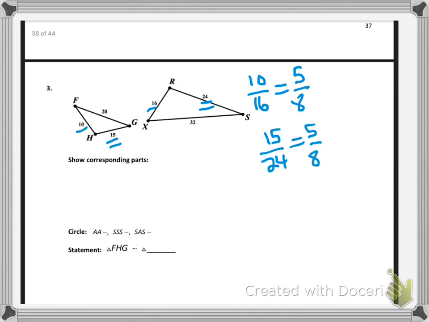So far, so good. And the longest side, 20 and 32. 20 over 32. 4 goes into both of those. So again, that's 5 over 8. So it checks out. So FG is similar, it's proportional.